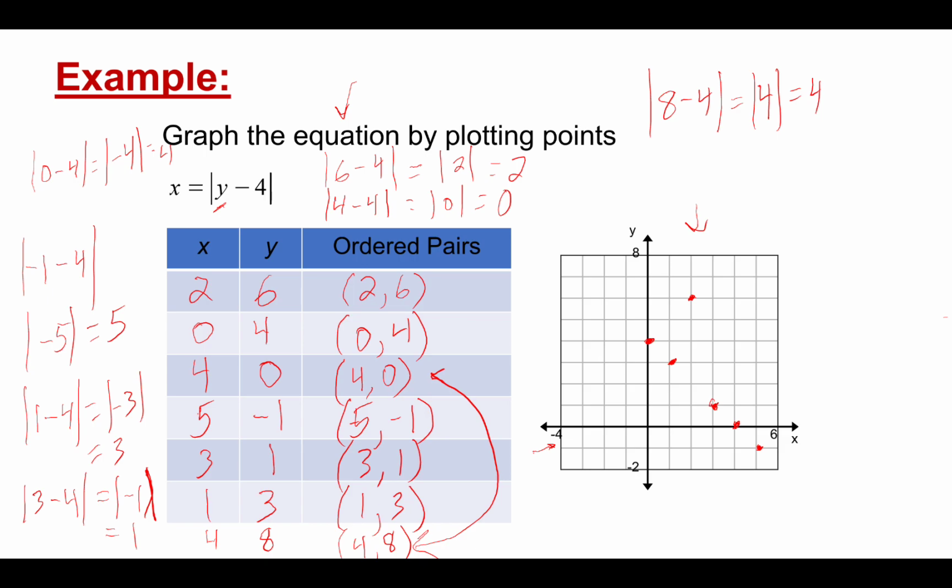Here we can plug in a 4 and we can get out 0, or we can plug in a 4 and get out 8, which is a problem for us as far as a function goes. It is still an equation. So we'll go to 4, 1, 2, 3, 4. And we can also be up here. And if we were to graph this, it would look something like this.